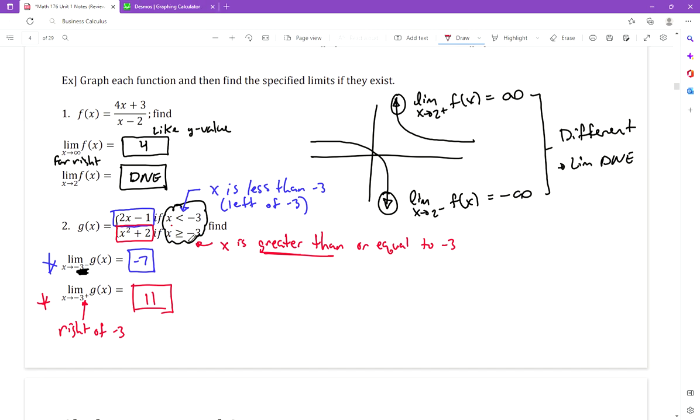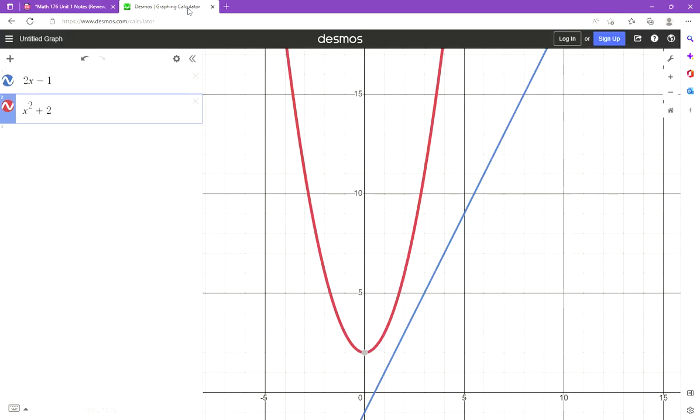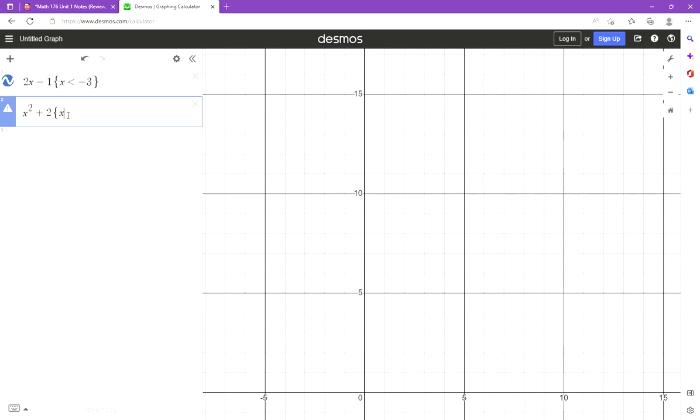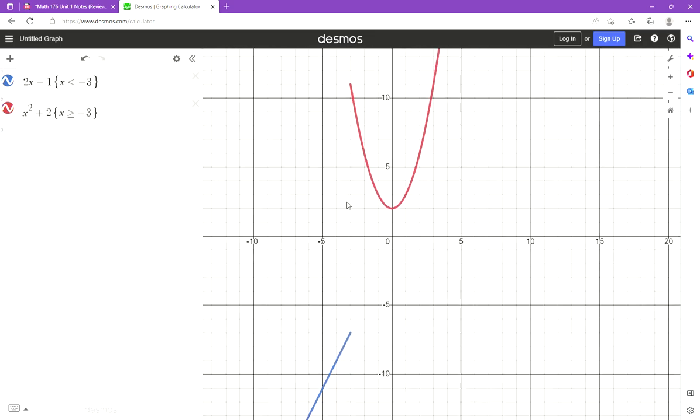Now I did cloud that, so if you do want to graph the whole piecewise function in Desmos, you just use braces and then type in what it said. So there is the less than, and then here was the x is greater than or equal to -3, like that. And so we can see there they are.